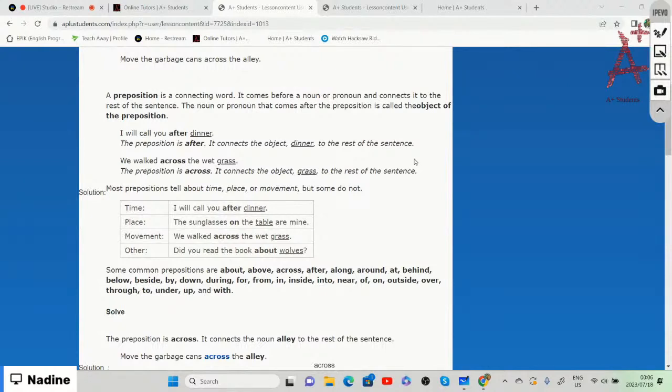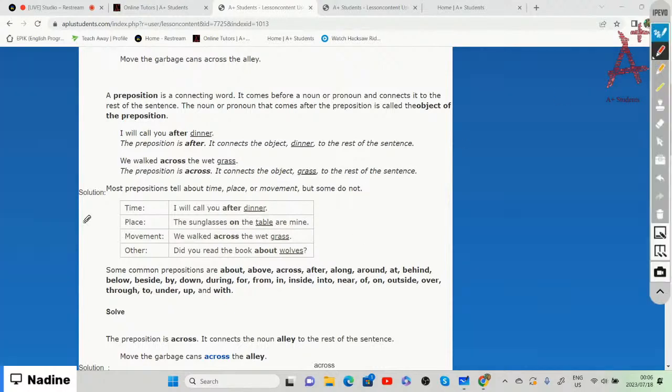It's like asking yourself when. So when are you going to call the person? After is the preposition of time. It tells us when. Dinner is the object, and it connects it to the rest of the sentence.